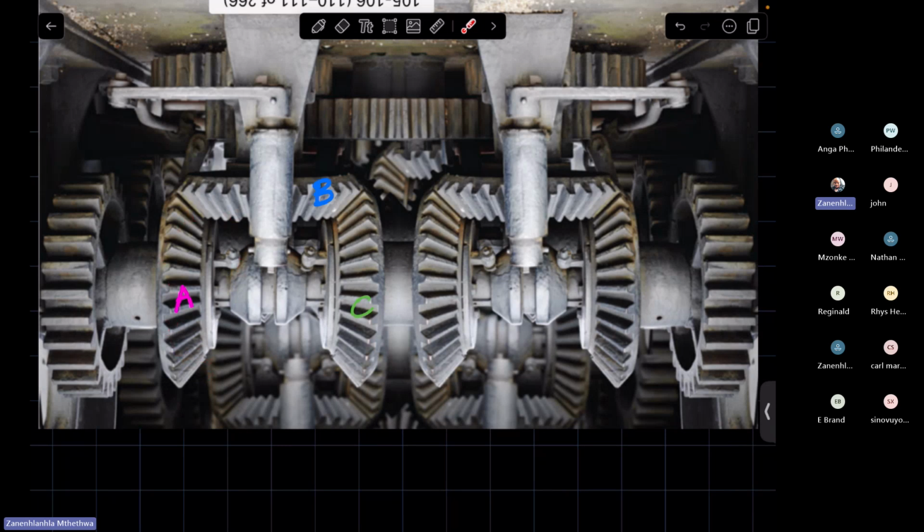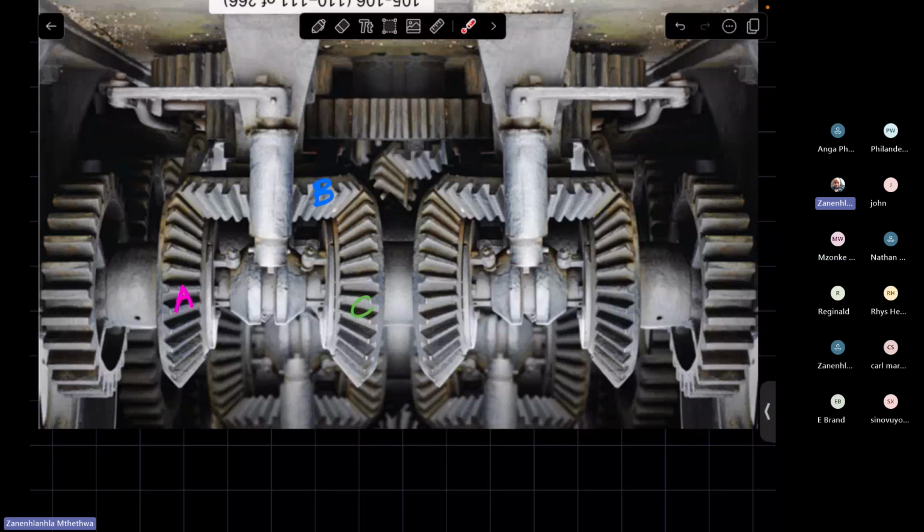If you look at it from a linear motion perspective, it is essentially pushing gear B. If this is rotating clockwise, how is this going to rotate? In the same direction, clockwise as well. Correct.